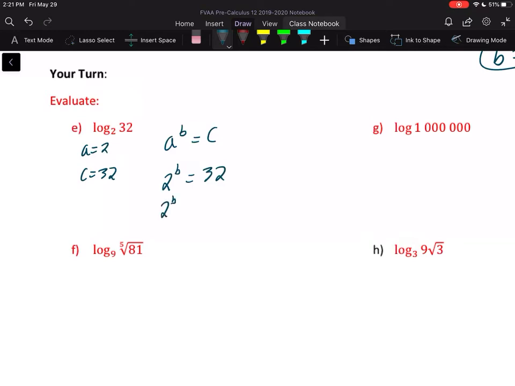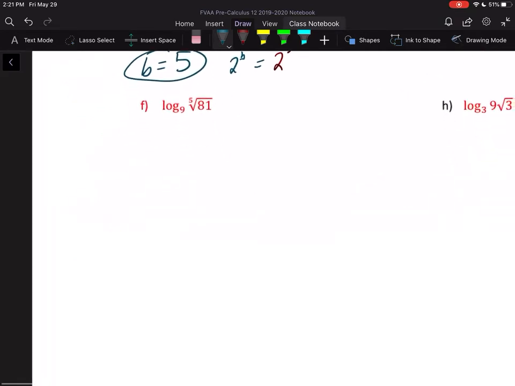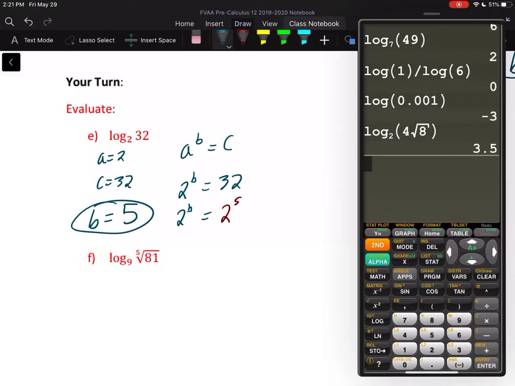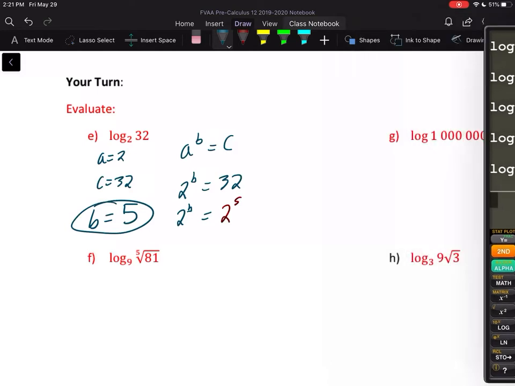And then I can substitute 32 with 2 to the 5, making b equal to 5 as my answer. And of course I can confirm that with my calculator, whatever method you want. I'm just going to use this method here, log 2, and I get 5, exactly what they got there.